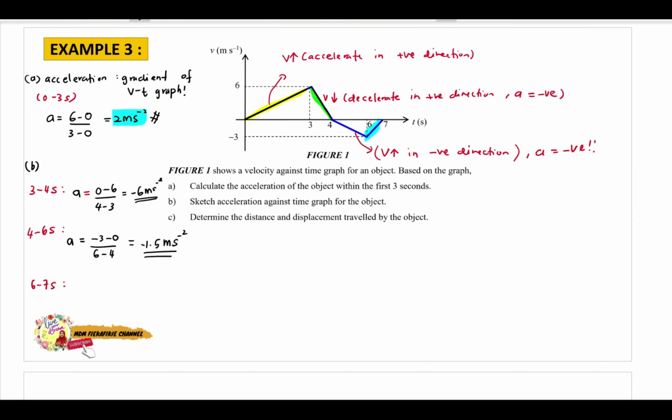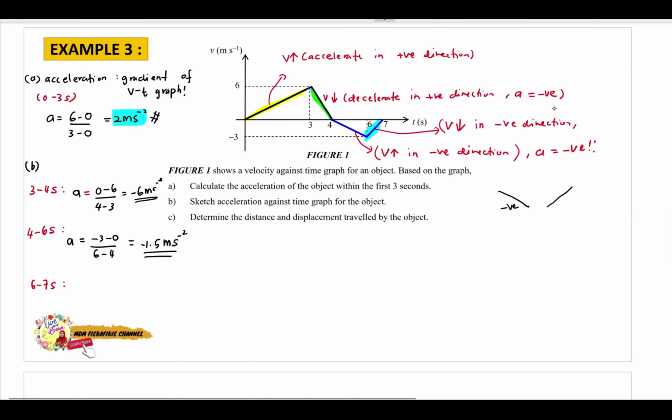Okay, so kalau saya tulis dekat sini, for this one, V is decreasing, but this time the object is moving in negative direction. V decreasing, that means dia decelerate. Tetapi bila kita kira nilai gradient of the graph, you can look at here the pattern of the gradient. Saya selalu ingatlah kalau you nampak pattern of the gradient macam ni, means that dia negatif lah.